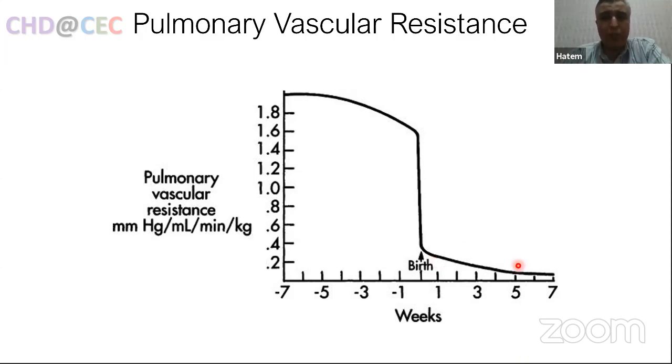Most patients with these shunts do not have marked symptoms during the first few weeks. And then you start getting more symptomatic and the pathophysiology gets more obvious as the baby grows older, crossing 2 months of age.